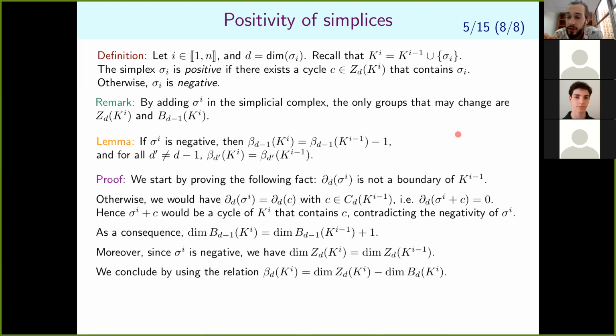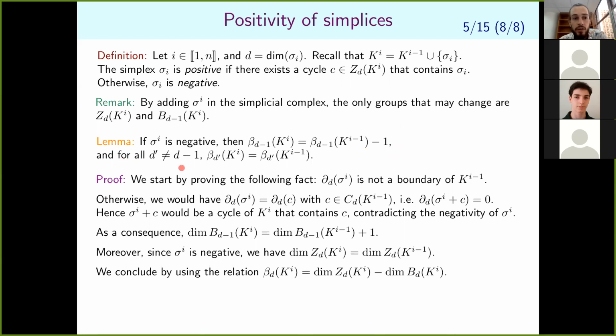Okay, this was what happens for a positive simplex. Now let's look at a negative simplex. When I add a negative simplex in my simplicial complex, then the Betti number of dimension d minus 1, one dimension lower, is decreased by 1.